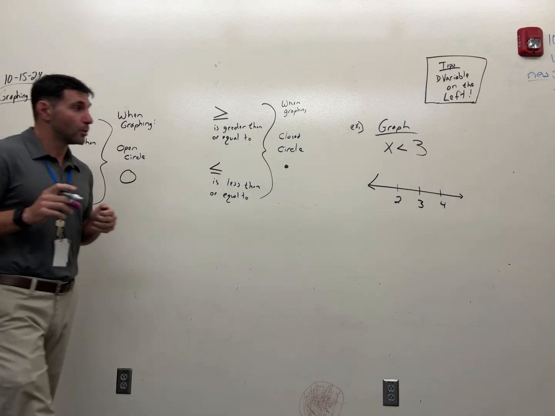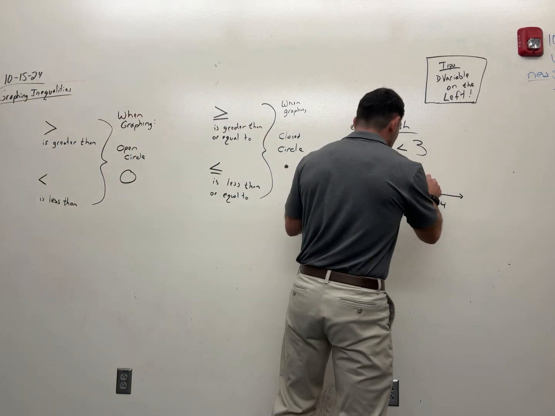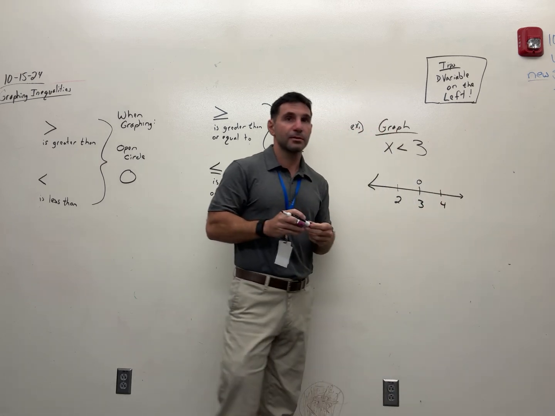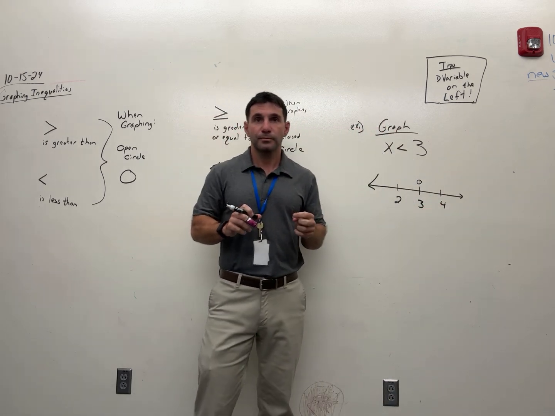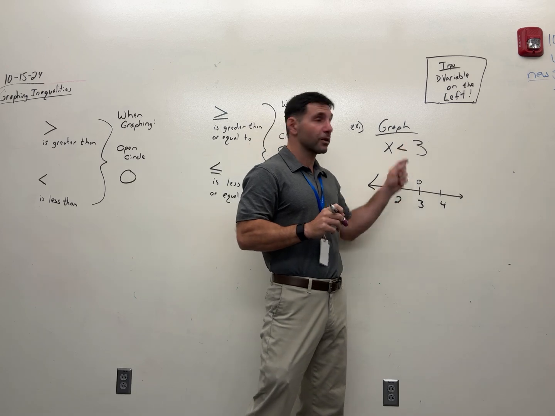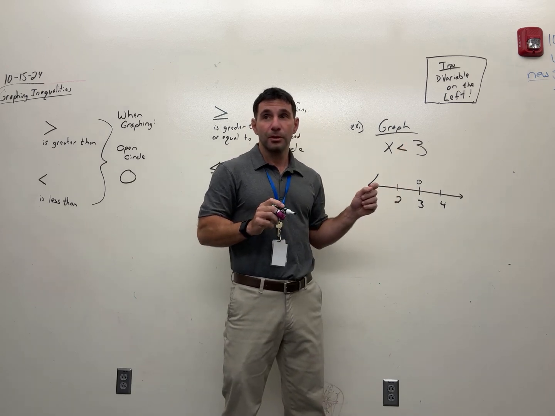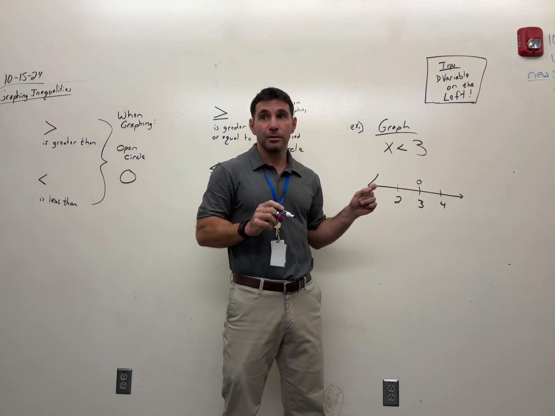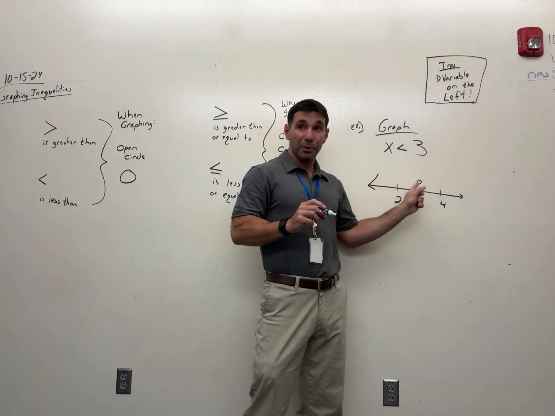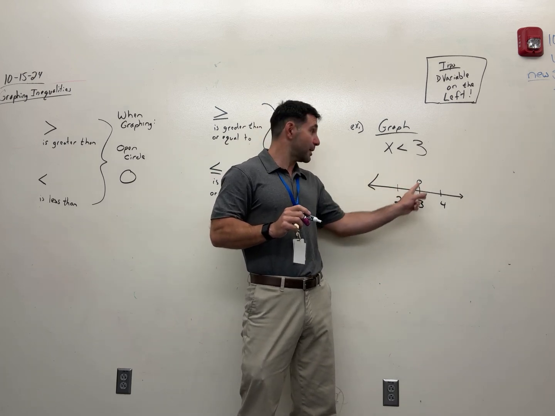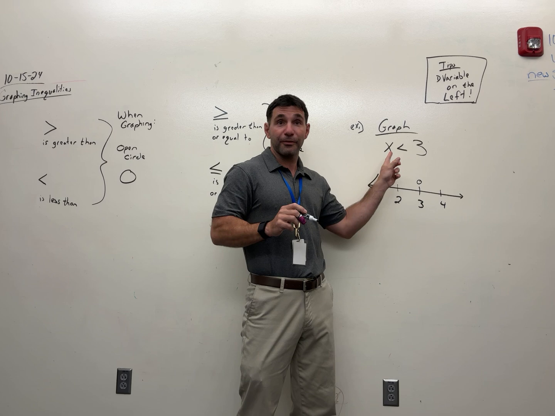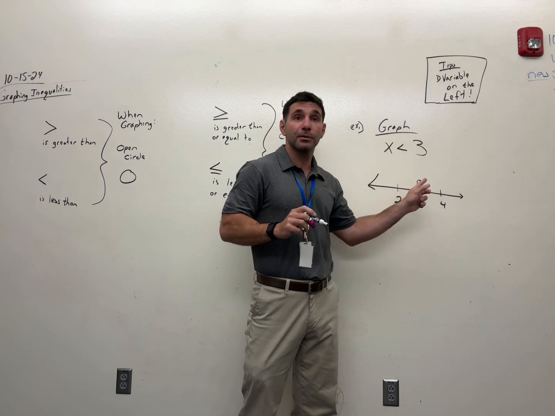Open circle. Why? What does that open circle tell us? Is 3 part of my solution? It's not part of my solution. 3, though that's where we start the graphing, that's not an answer.